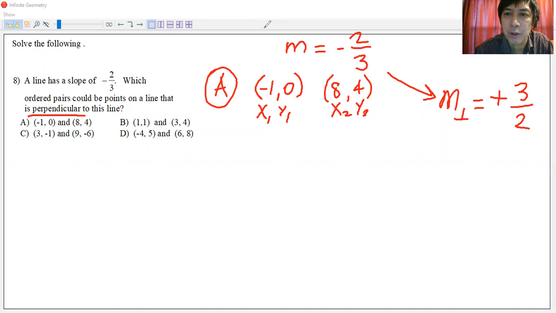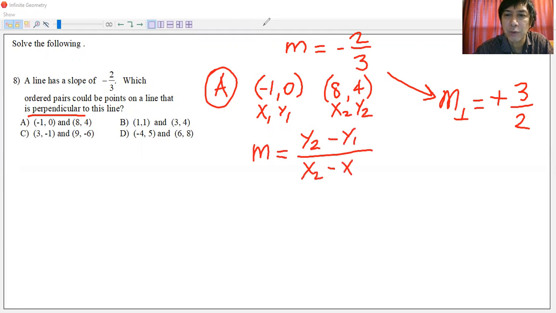There. All right, now we can use the same formula for slope: y2 minus y1 over x2 minus x1.